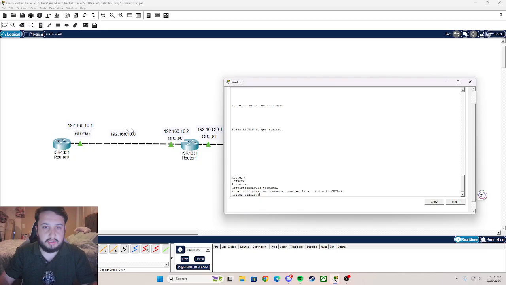Here I can assign a static route. Working from router zero, let's start off easy.